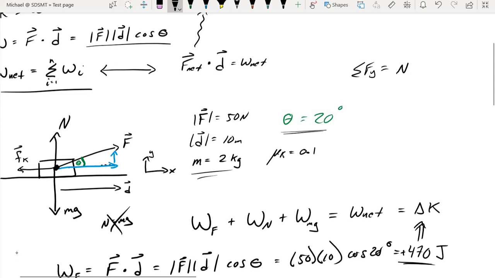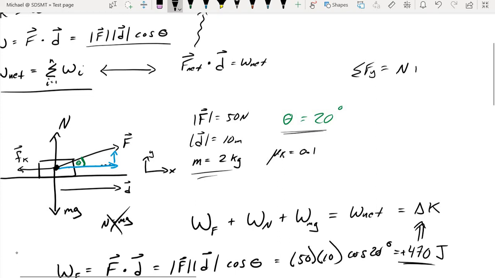We also have this component of the applied force pointing up in the positive direction. This component is opposite of the angle theta. Theta is the 20-degree value of our applied force.